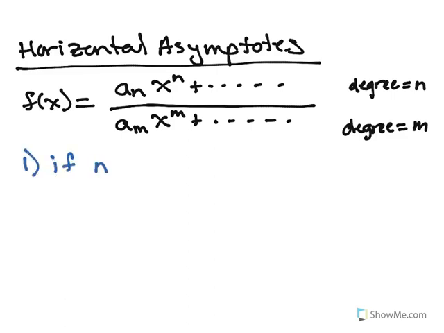If n is less than m, so the degree of the numerator is less than that of the denominator, we get a horizontal asymptote of the line y equals 0. So basically the x-axis.